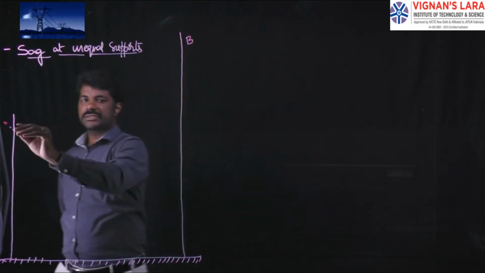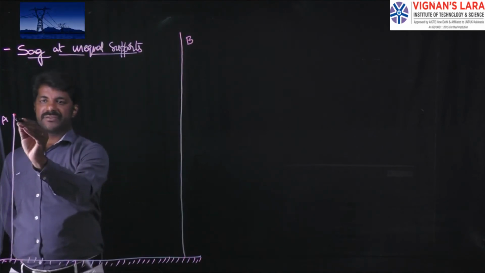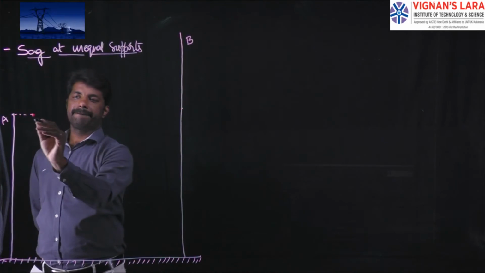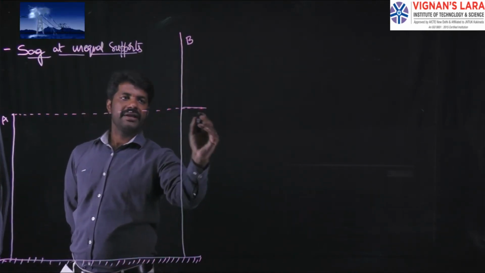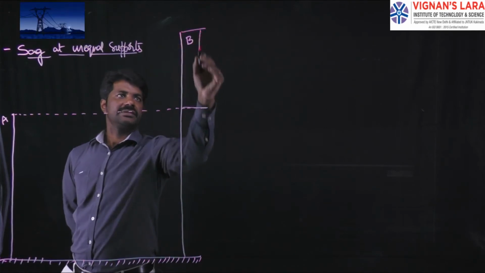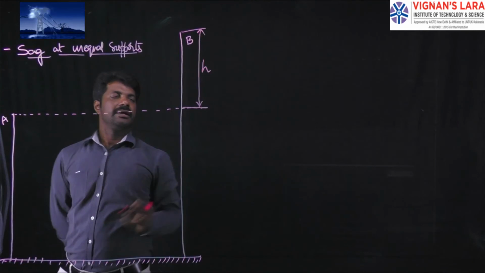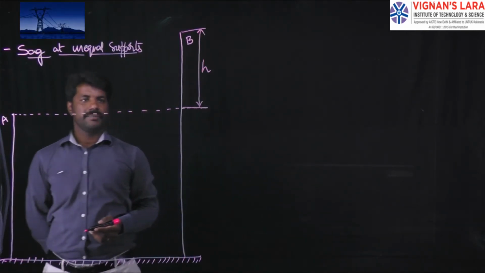Support B and support A. There is a difference in height between these two supports. Let me call that small h, where small h is the difference of the two support levels of A and B.